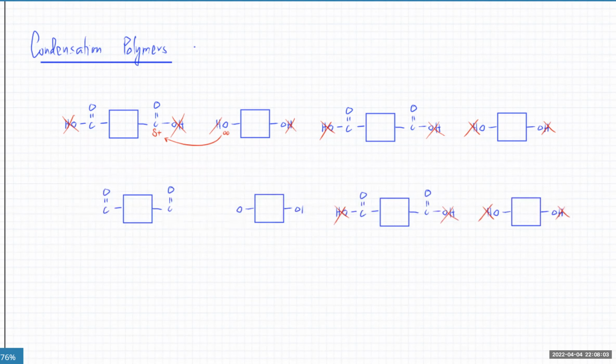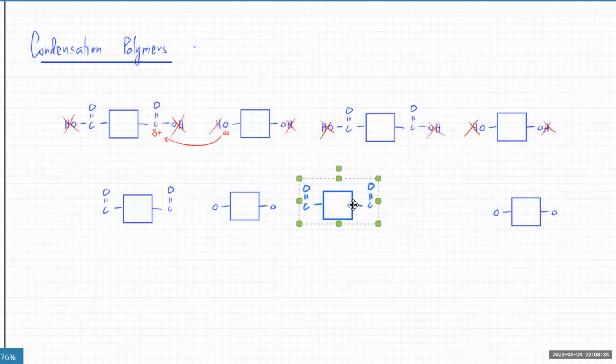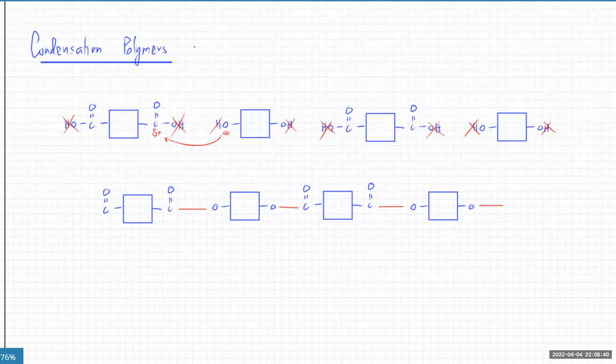So H is gone, OH is gone, and the H over here is also gone, and they're going to end up forming linkages with each other. So all of them are going to connect together, forming these connecting bonds, and that's a lot of ester links.